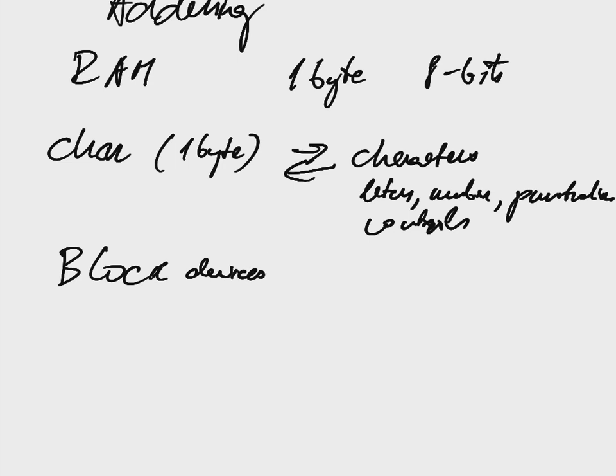What is important about block devices is that the single addressable unit of memory is not a char, but a block. How large a block is depends on many parameters. A typical block device is either a magnetic disk, hard disk in short, or an SSD disk.